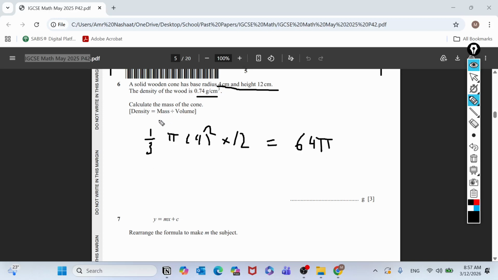So now we need to find the mass. Density equals mass over volume. So 0.74 equals mass over 64 pi.